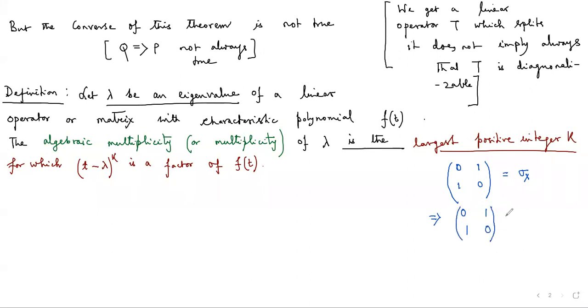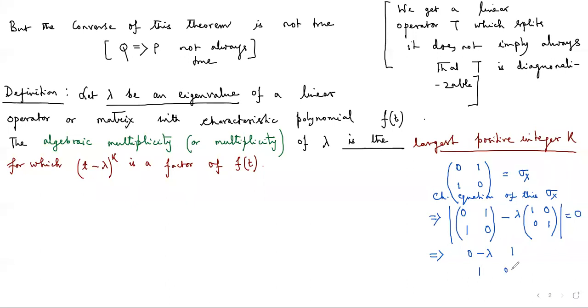The determinant of sigma x minus lambda times the identity should be equal to 0, which is the determinant of [[0 minus lambda, 1], [1, 0 minus lambda]], which is lambda squared minus 1 equals 0.